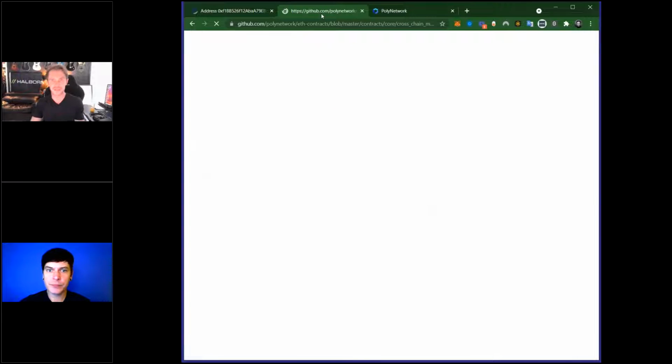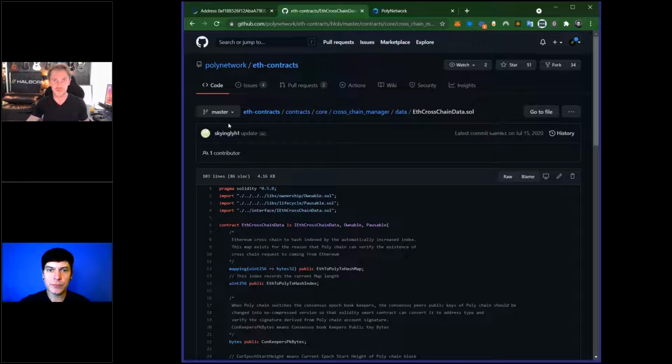Really, the root cause of what happened with the hack comes down to bad access controls on a set of smart contracts and allowing user input into a high privilege method. So that's the high level root cause. Looking into it, what contracts were actually at play?